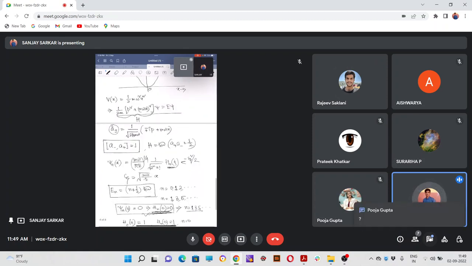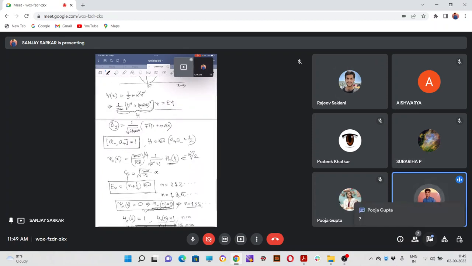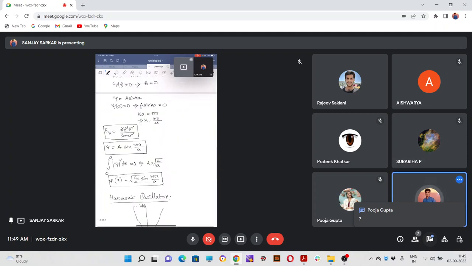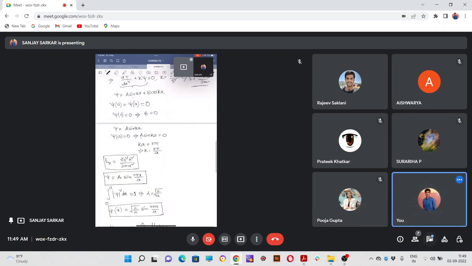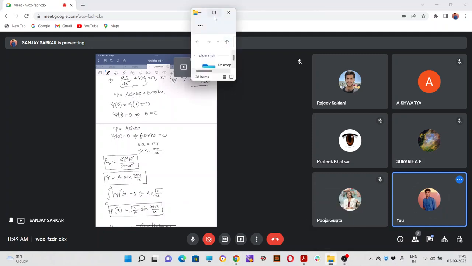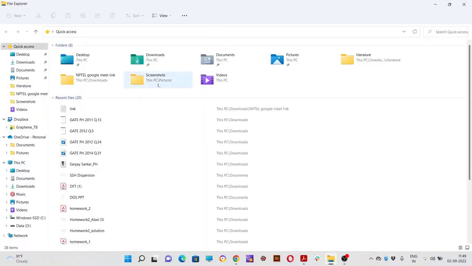From the eigen energies and eigen functions, we'll try to solve a few problems. I'll run the first problem. One minute, I have to stop sharing here.